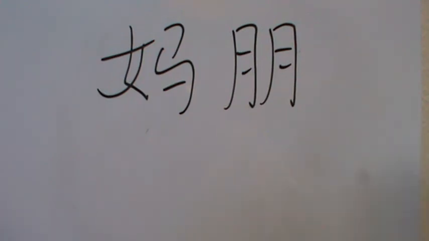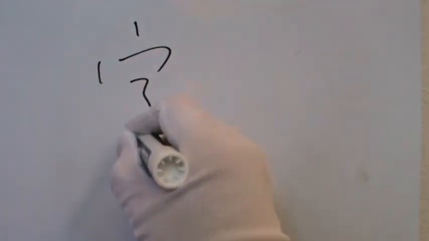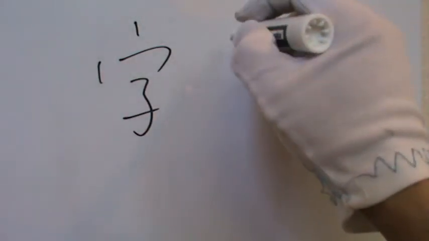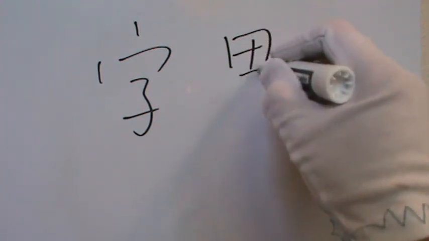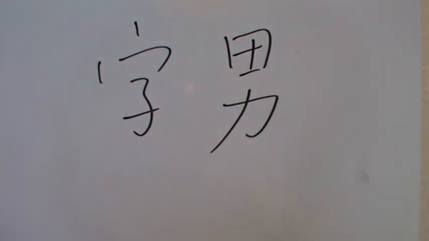The top-bottom structure, such as zi, top and bottom, nan, top and bottom. So zi means character, nan means male or man.